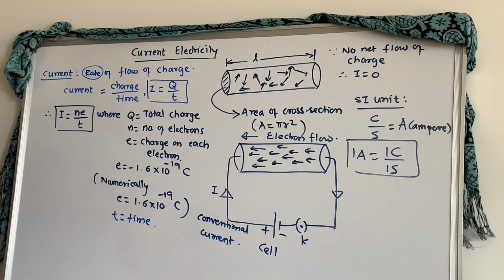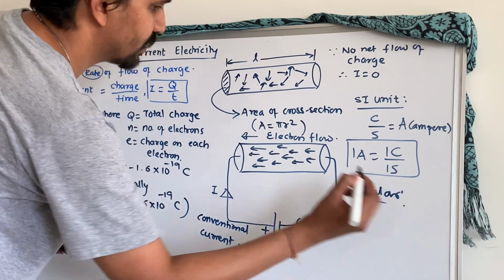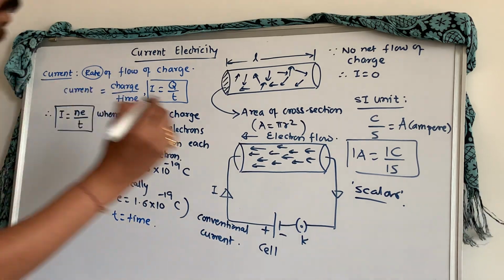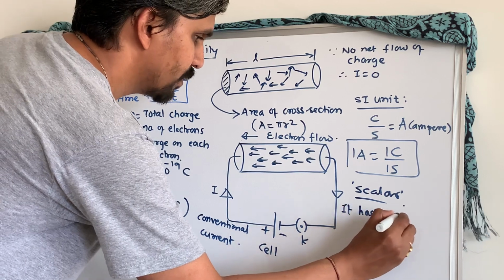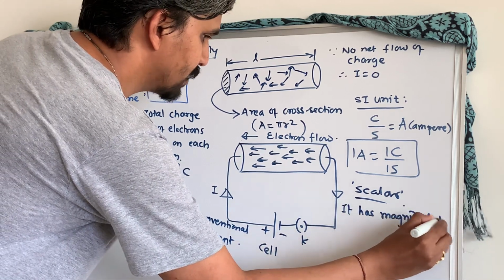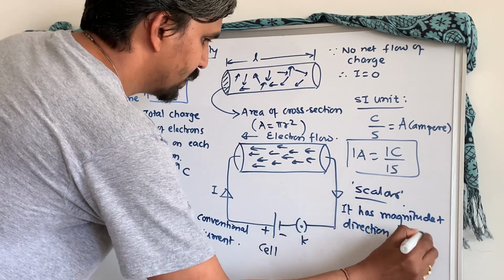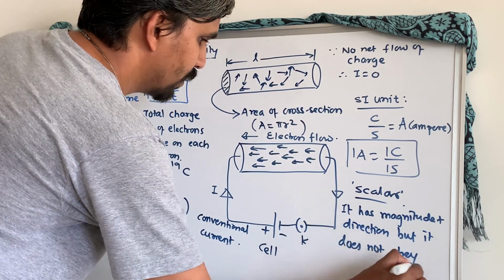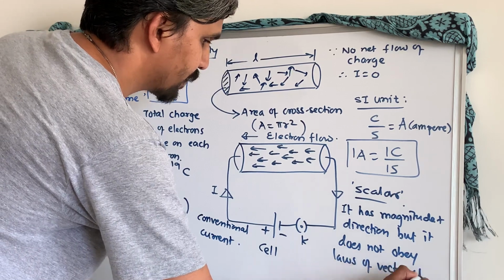Now current is a scalar quantity. The question will be why current is scalar, although it has magnitude and direction. The result is that current has magnitude plus direction, but it does not obey the laws of vector algebra.